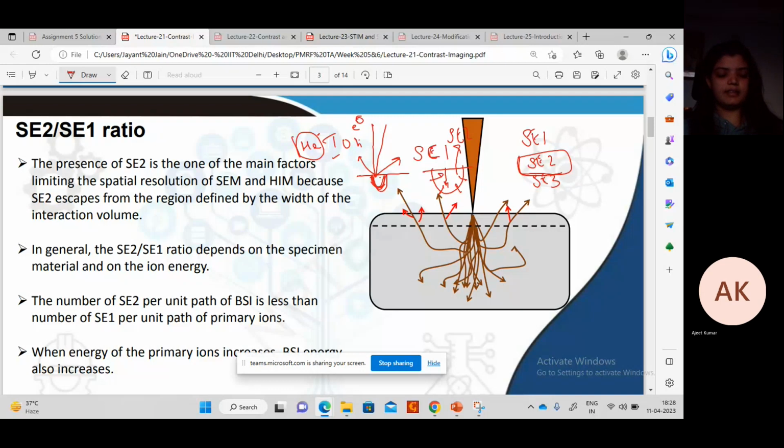Because of this, SE2 signal formation will be lower, since BSE signals will be lower in the case of ion compared to SE1. The number of SE1 produced will be higher compared to SE2. This is the point the sir was trying to explain.